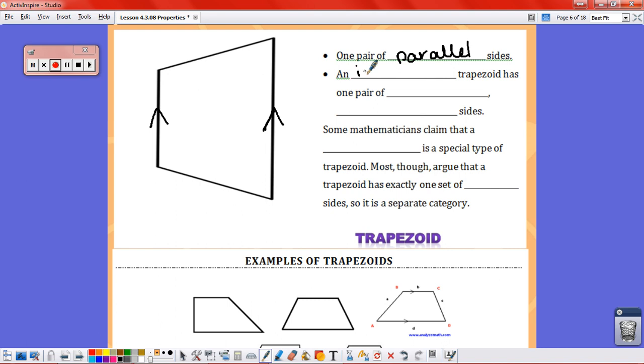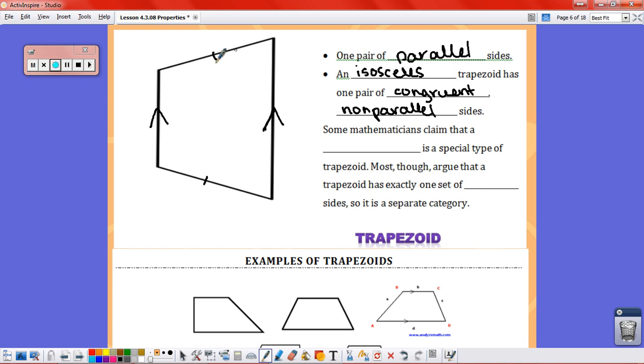And an isosceles trapezoid has one pair of congruent, non-parallel sides. So this one happens to be isosceles. Those are congruent, non-parallel sides.